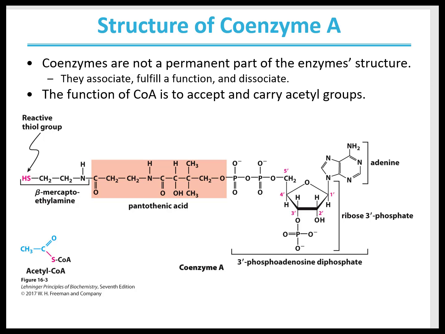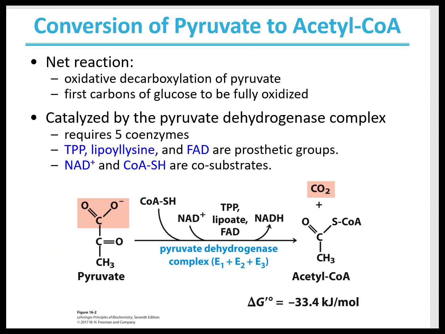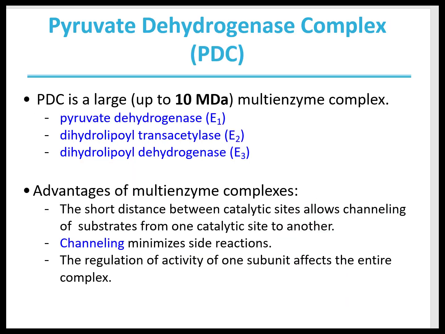Now, as I mentioned earlier, the conversion of pyruvate to acetyl coenzyme A is catalyzed by a multi-enzyme complex called the pyruvate dehydrogenase complex, or PDC. As a general rule, multi-enzyme complexes are groups of enzymes that are non-covalently associated with each other and catalyze at least 2 or more sequential steps in a metabolic pathway.